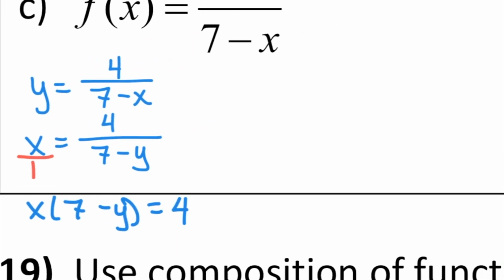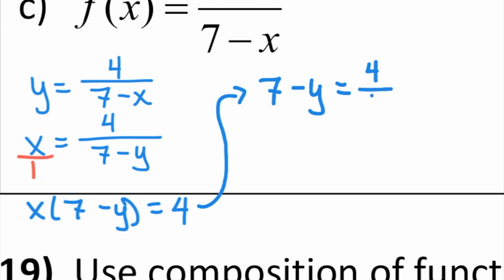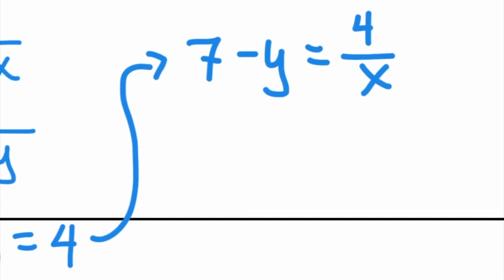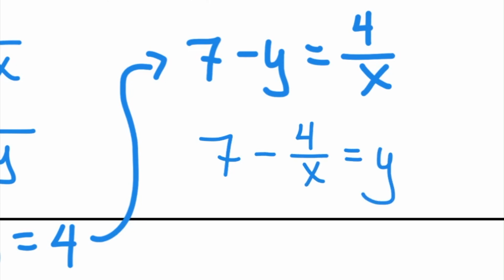But then I'm going to divide both sides by x, so that 7 minus y stays on the left, and then 4 over x. And then I'm going to add y to both sides and subtract 4 over x from both sides, and I end up with 7 minus 4 over x equals positive y.